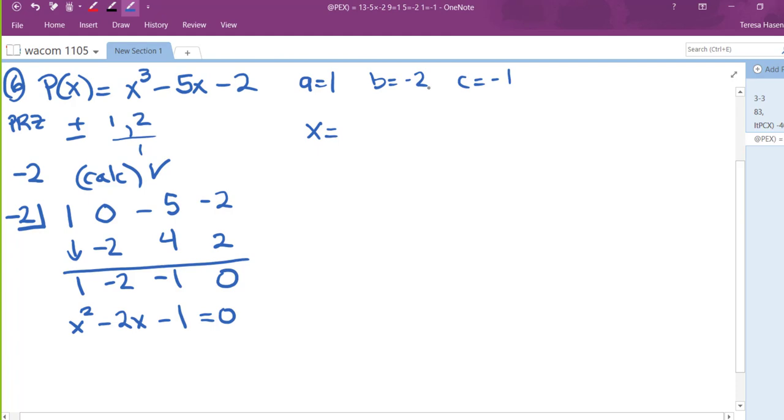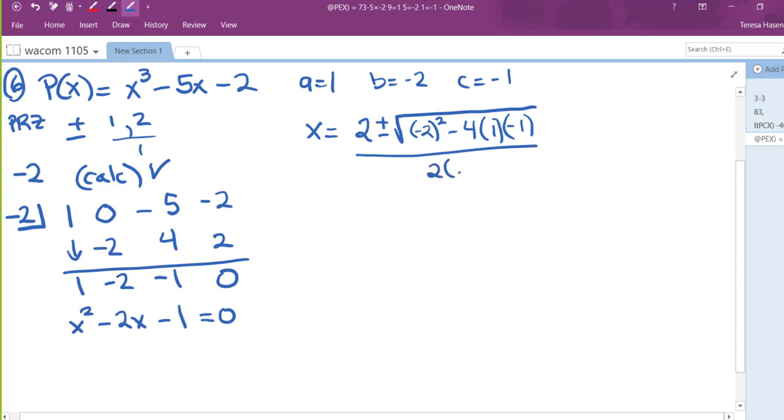I'm going to plug in as I do it. So negative b, it's already negative, so that will be a positive 2, plus or minus the square root of b squared minus 4 times a times c, whole thing over 2 times a.